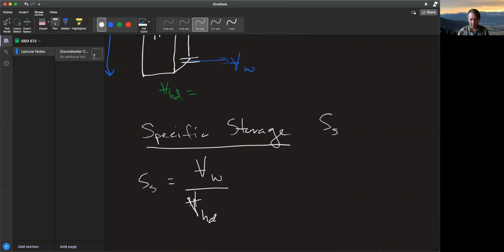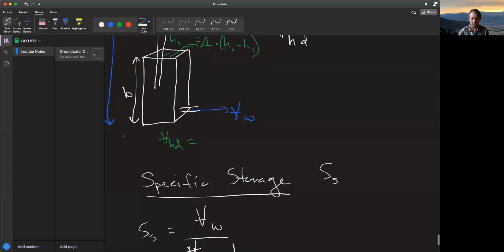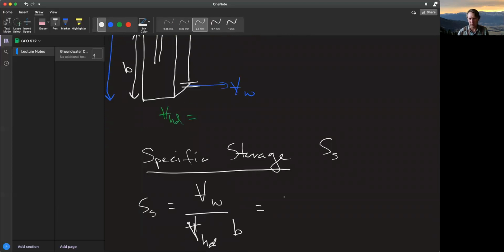All right, so this is my storativity, also normalized by the aquifer thickness. So B here is my aquifer thickness. All right, so this is volume of water over volume of head drop, and times aquifer thickness.